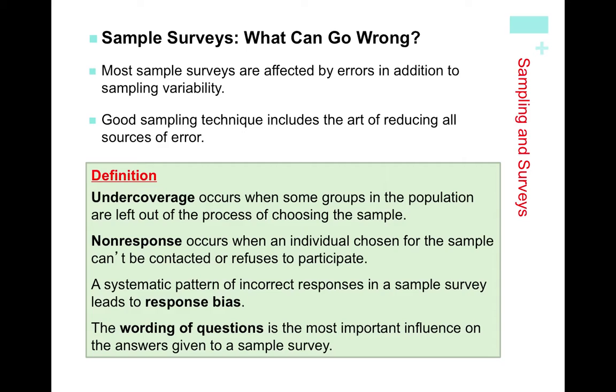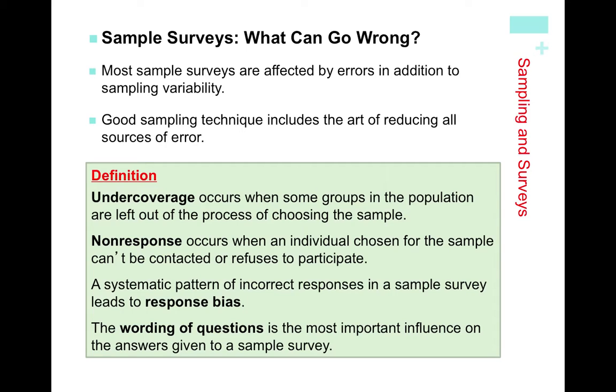So most samples suffer from some degree of undercoverage. A sample survey of households, for example, will miss out on not only homeless people, but also people in prison, and students possibly in dorms that may not have a landline, or anybody else that may not have a landline at this point.